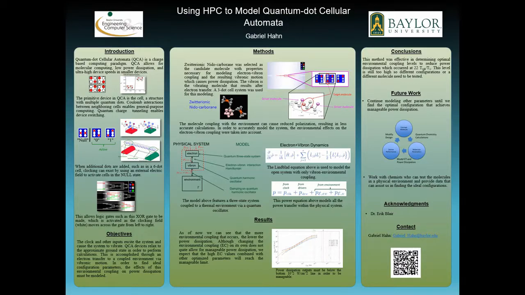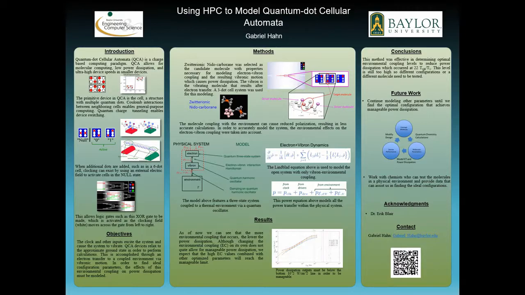So the way that those vibrons are put back into a ground state, which is necessary for computing, they need to not be shaking, is that QCA uses environmental coupling to put them into that ground state, so that it can get more accurate and usable calculations. Because if there's too much power dissipation, there's too much heat, and then the whole system is just going to melt.